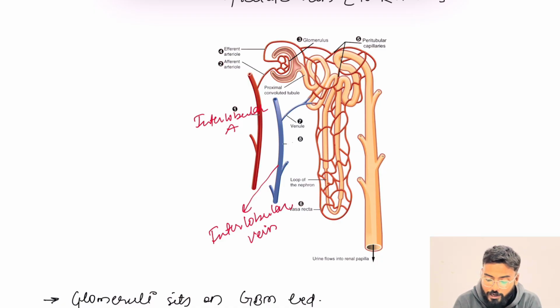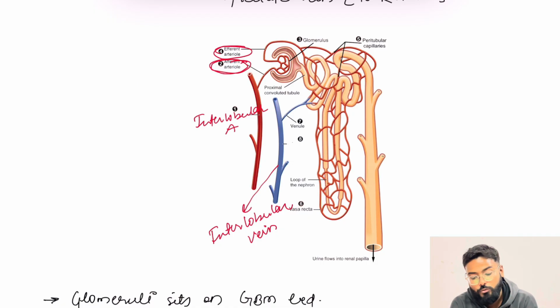This interlobular artery forms the afferent arteriole, and after forming the glomerulus, it exits the Bowman's capsule, forming the efferent arteriole. These are your peritubular capillaries, which surround the tubules. And these over here are your vasa recta, which get involved in the exchange.